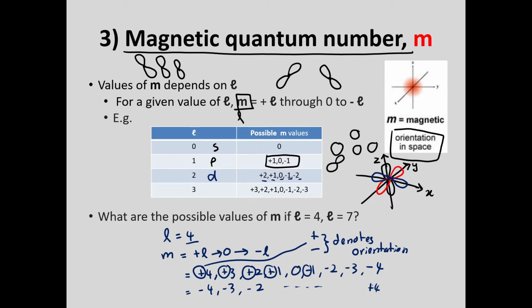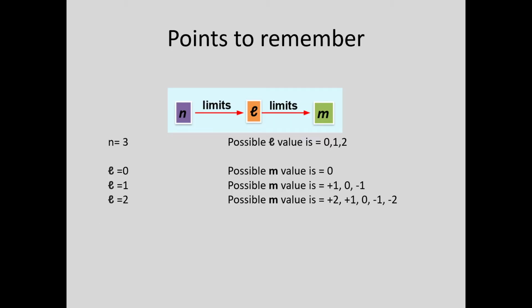Okay, it means positive or negative is so that we know whether the orbital goes up, or down, or to the left. Understand? Okay. And just that you need to remember, the value of N limits the value of L and then the value of L limits the value of M. So N, don't worry, it will be given. To get the value of L, we have 0 until N minus 1.